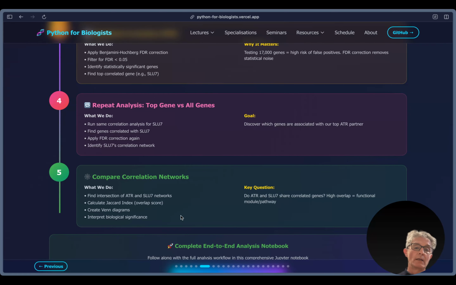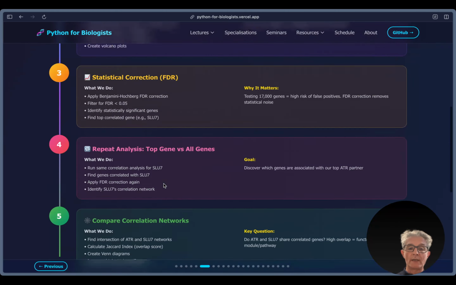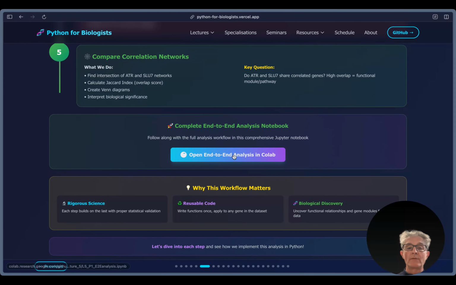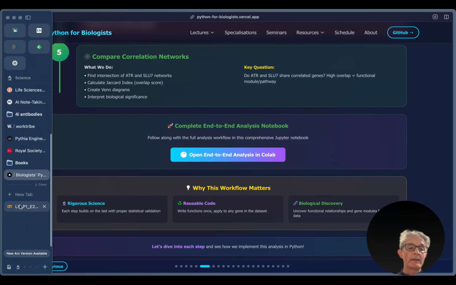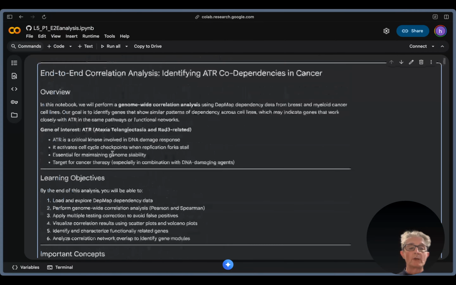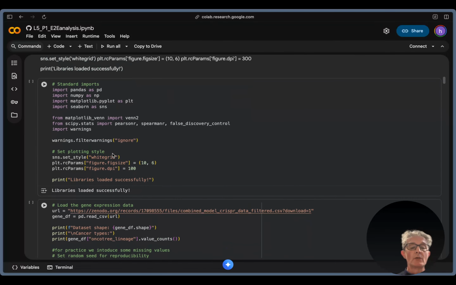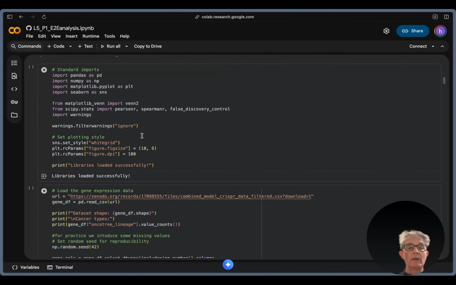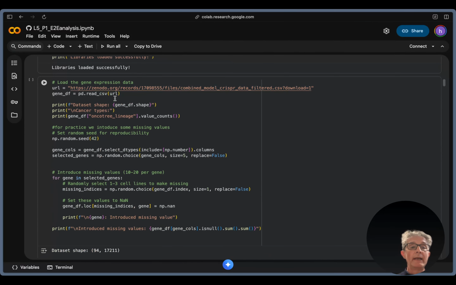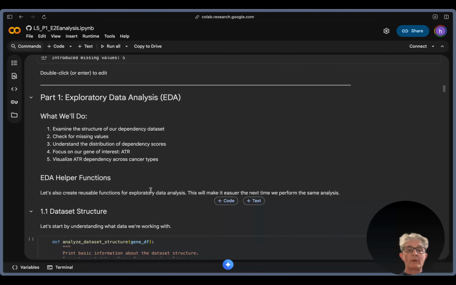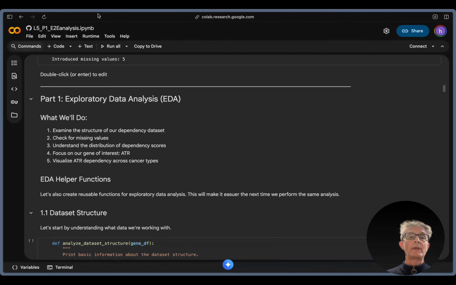And that's in the network analysis that we do at the end. So quite a program to go through. I've given you the code for this end-to-end analysis in a notebook, so you can go through that. We go through that slowly in the next part of this course. As usual, we import all our packages, and then we import the data, and then we get going with the individual steps. And we'll do that in the next lecture.